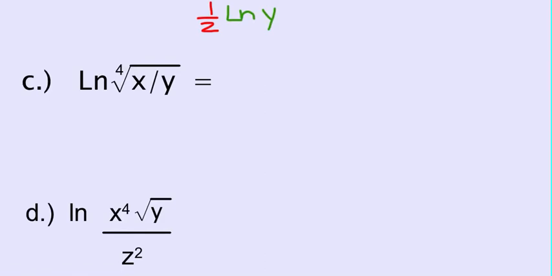This third example is a logarithm. I can rewrite that 4th root as the natural log of x divided by y to the 1/4 power. Then I can bring that 1/4 power down in front.